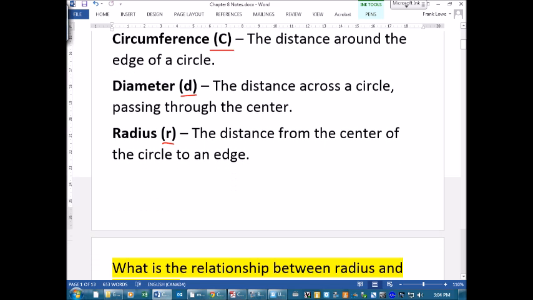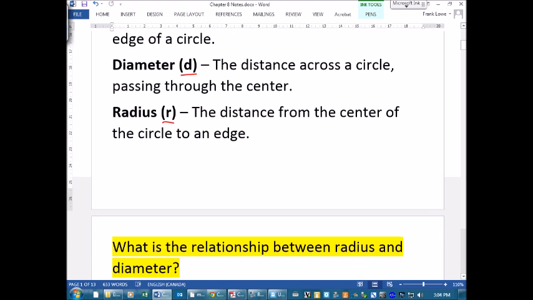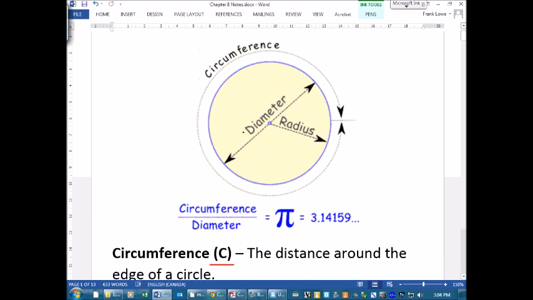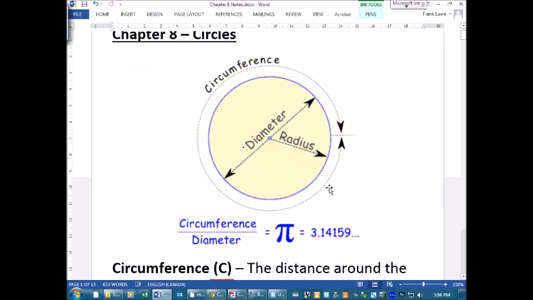Now, I have a question for you. I kind of already answered it, but it says, what is the relationship between radius and diameter? Just go back to this diagram. I'll give you a second. What is the relationship between radius and diameter? Okay, so you probably got it. Radius is half of the diameter.